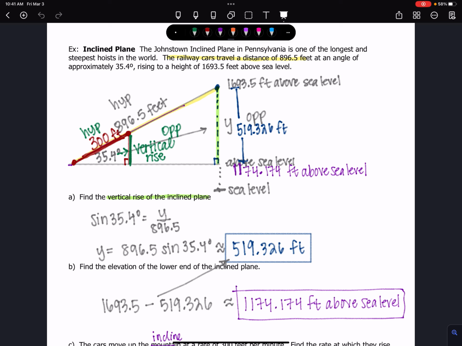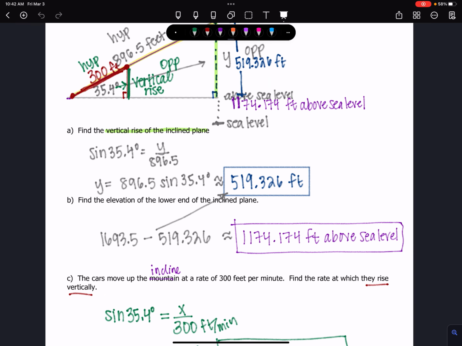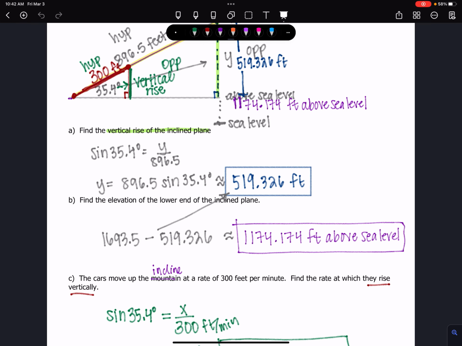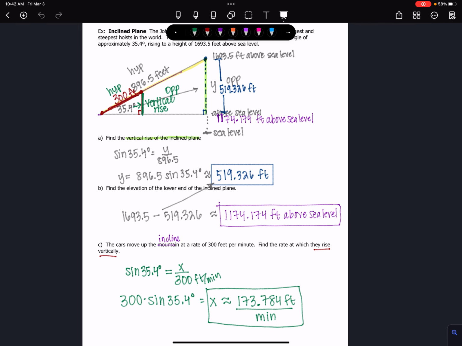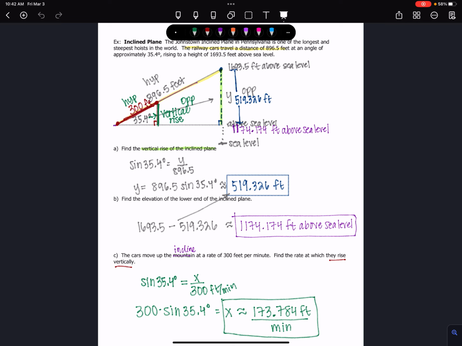And then we solved this problem that talked about not just elevation in the real world, but also the rate at which they rise vertically. So that's something too we were able to compare to. I hope you were able to make sense of the video, and that you have good luck in your future endeavors in math.